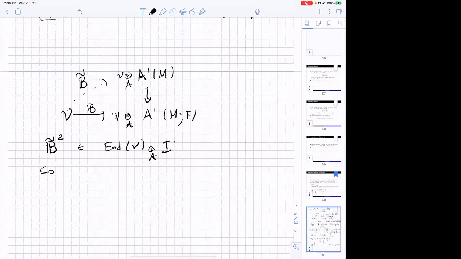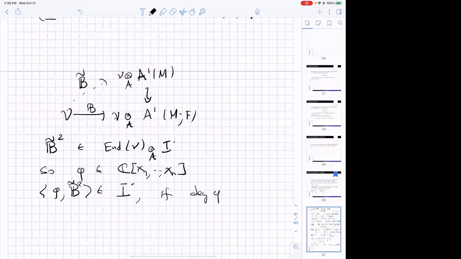Okay, so that means that if you take phi in C or R, I don't really care, of x1 through xn, and you take phi paired with B hat twiddle, this will actually be in A dot, and therefore, if the degree of phi is bigger than k, you get vanishing.